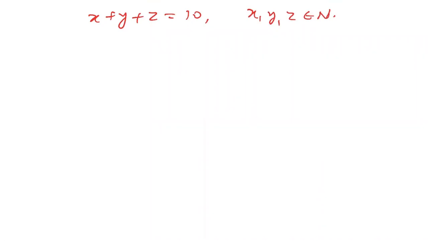So 10: 1, 2, 3, 4, 5, 6, 7, 8, 9, 10. See, in this case, we can understand it as each bag containing at least one ball. So 1, 2, 3, 4, 5, 6, 7, 8, 9. We have 9 gaps.